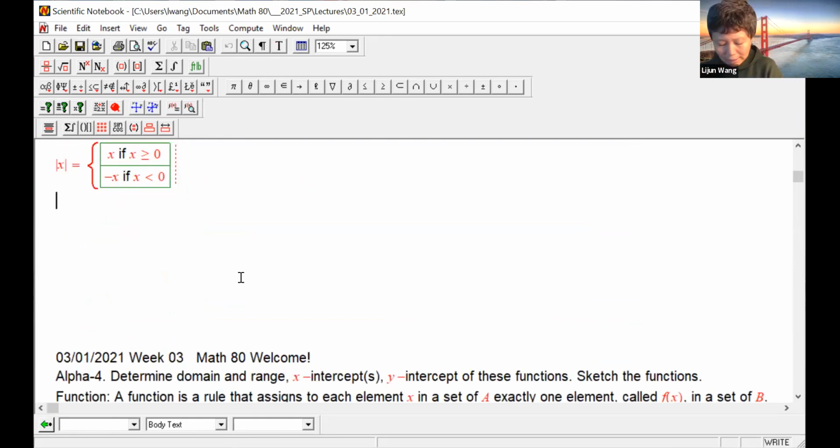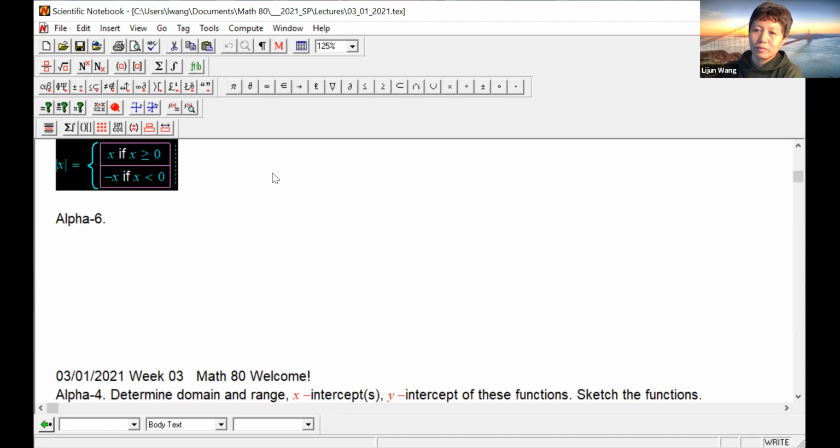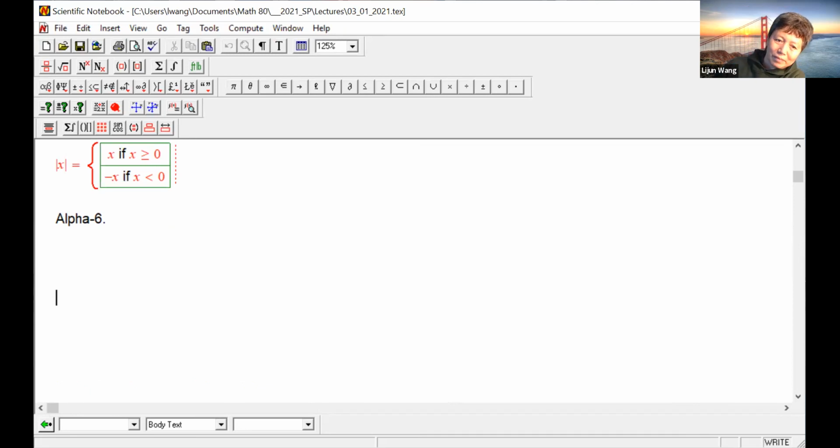Okay, so let's work on Alpha 6. Alpha 6 is prepared for you to understand this notation. I know that for a lot of these questions, you can do it very easily, but I'm asking you to do it without a calculator. Do you guys see the Alpha 6 exercises there? Yes.